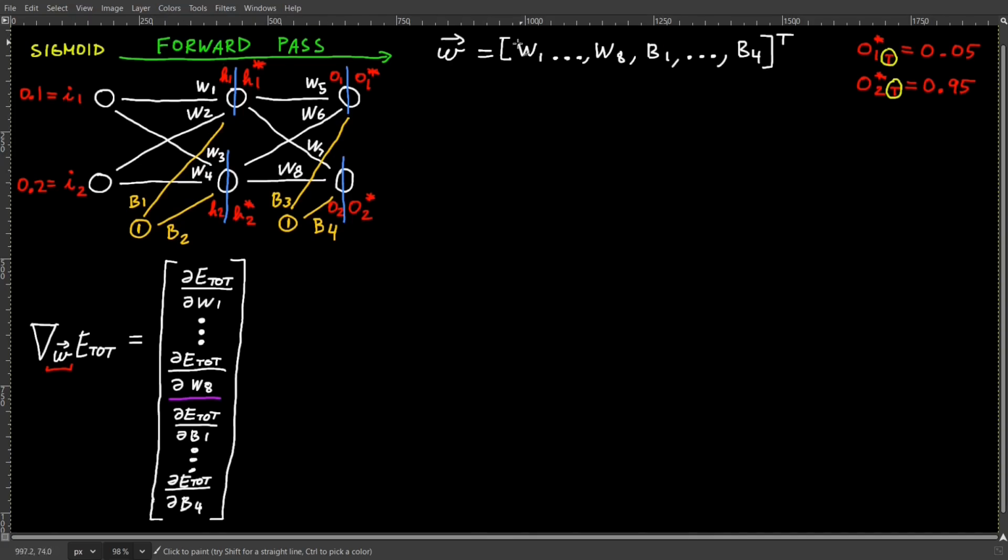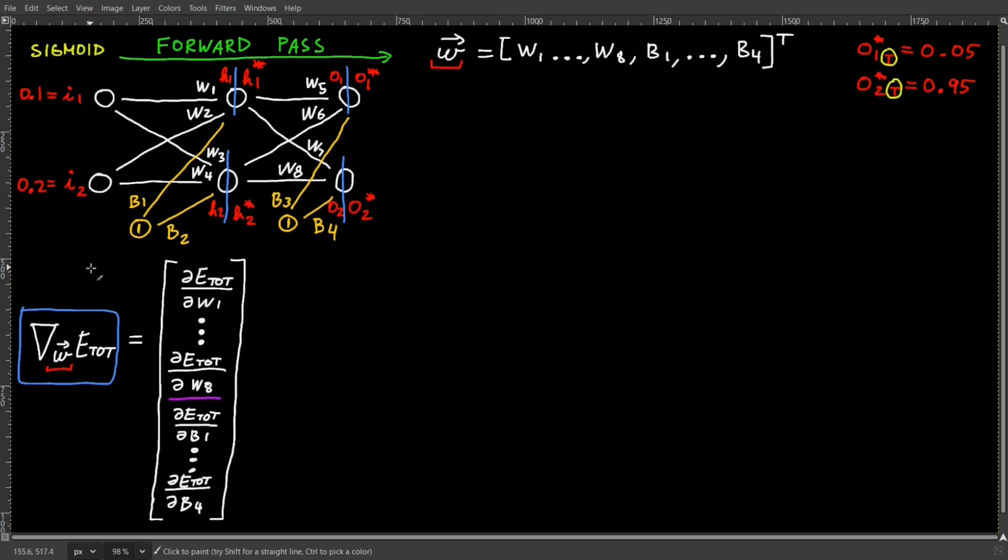I transpose this row vector in order to indicate that this is in fact a column vector. In order to write column vectors more compactly, it is very common to write them as row vectors and then transpose them. And so, this is simply a compact way of describing this gradient vector. You can see that you are taking the partial derivative of the total error with respect to each element that is inside this vector here.